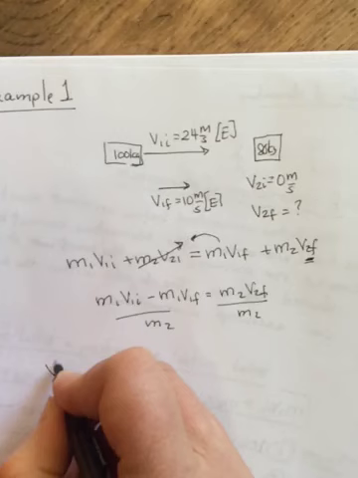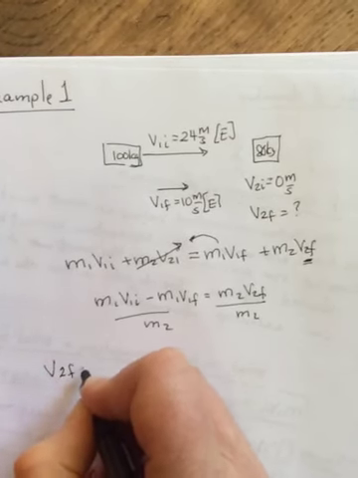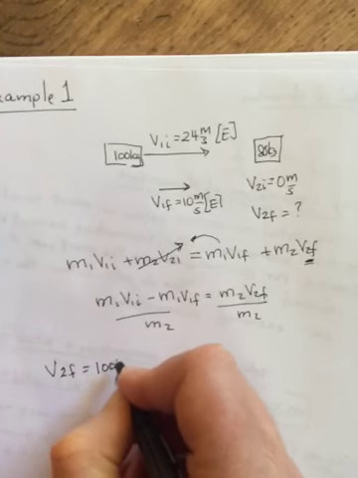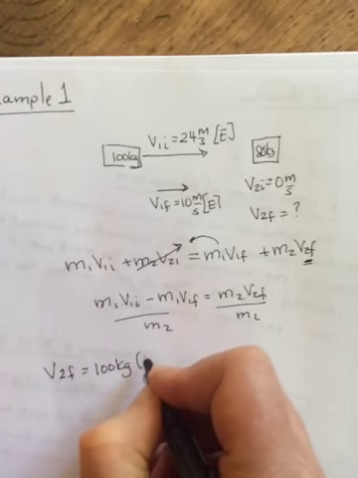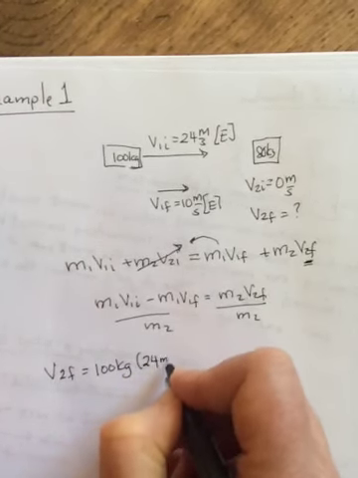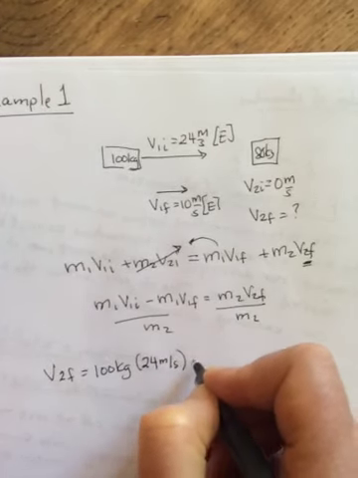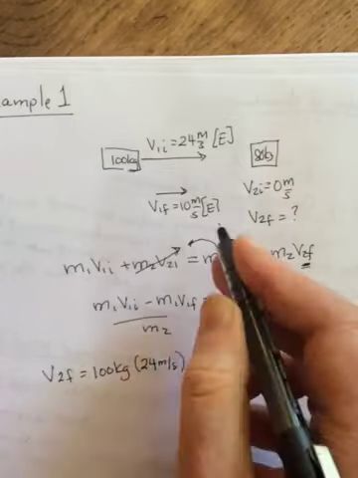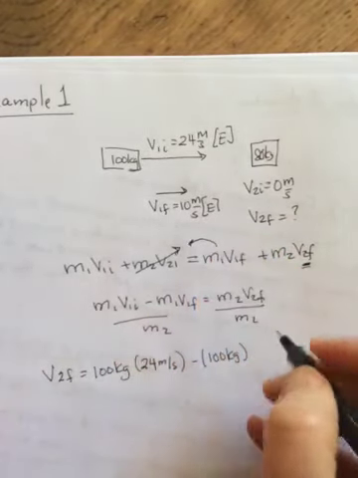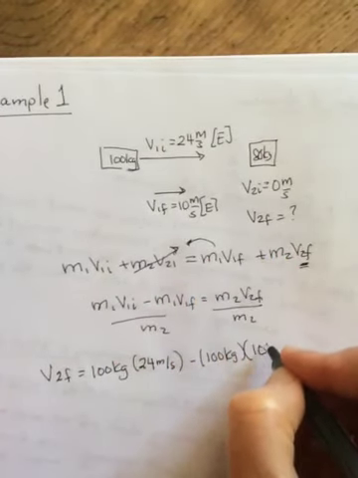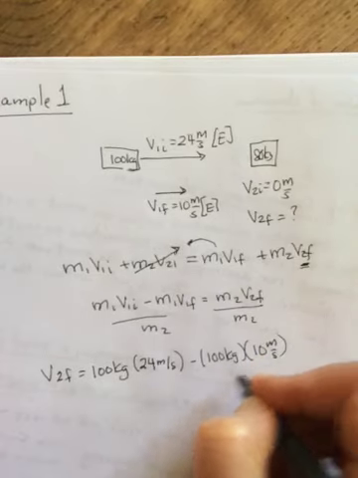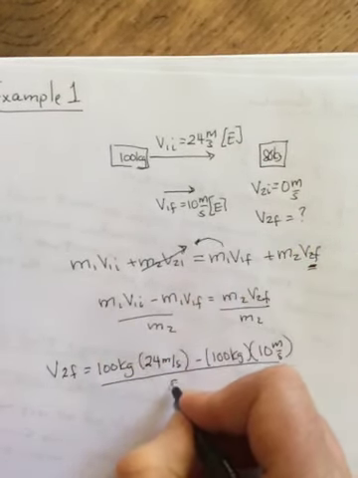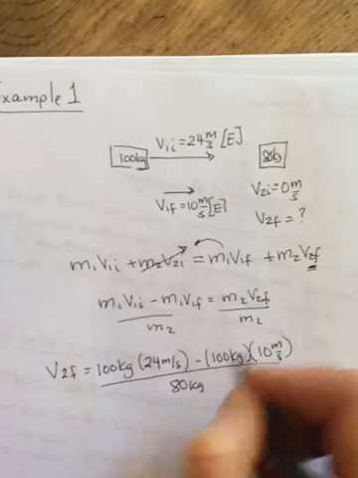Okay, so we'll get V2 final equals M1 was 100 kilograms, V1 initial was 24 meters per second east, minus 100 kilograms, and V1 final was 10 meters per second, still east, so they can both go in as positive. And then M2 was 80 kilograms.